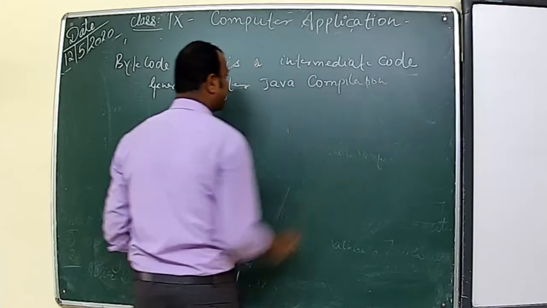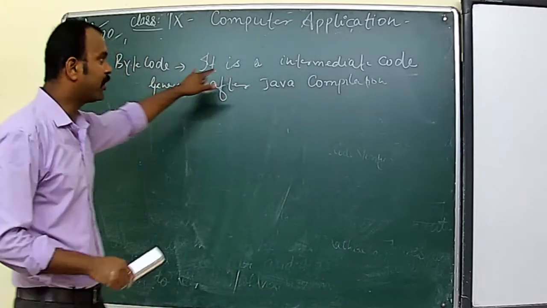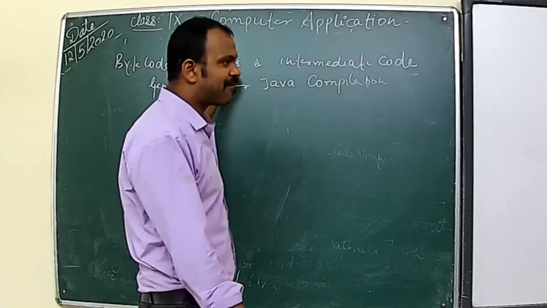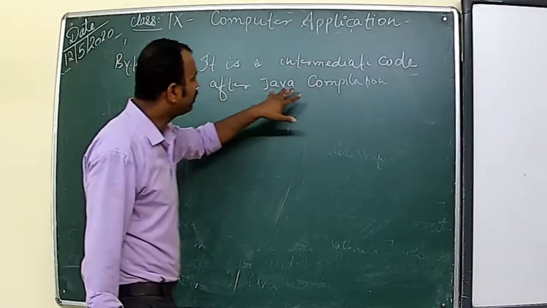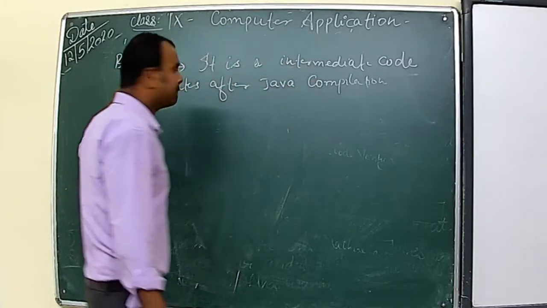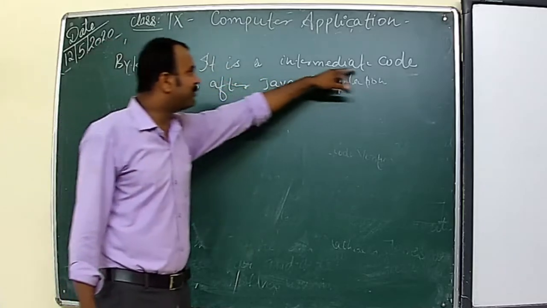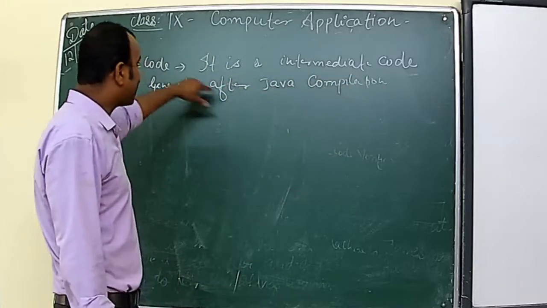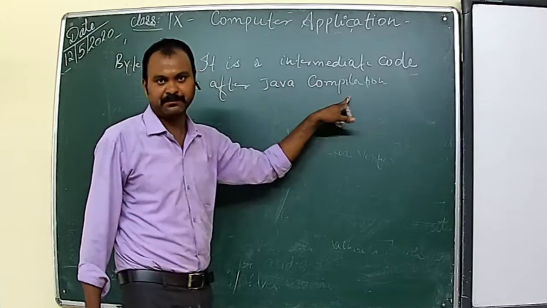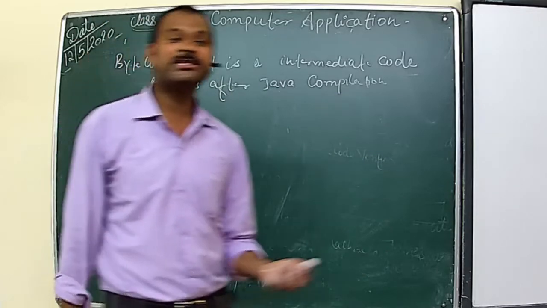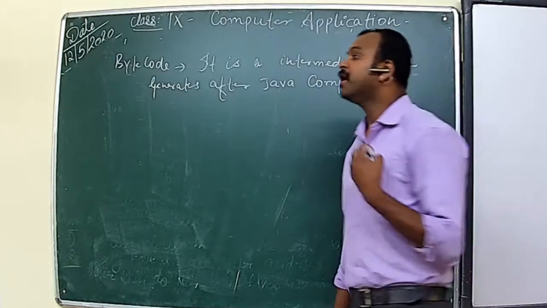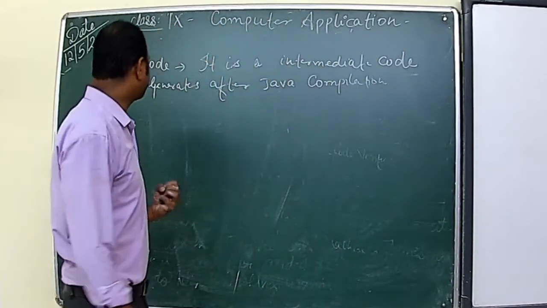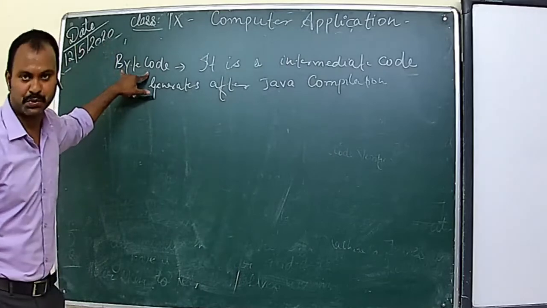As I told you, as soon as the source code is compiled by the Java compiler, it provides an intermediate code, a machine code you can say, that is called bytecode.